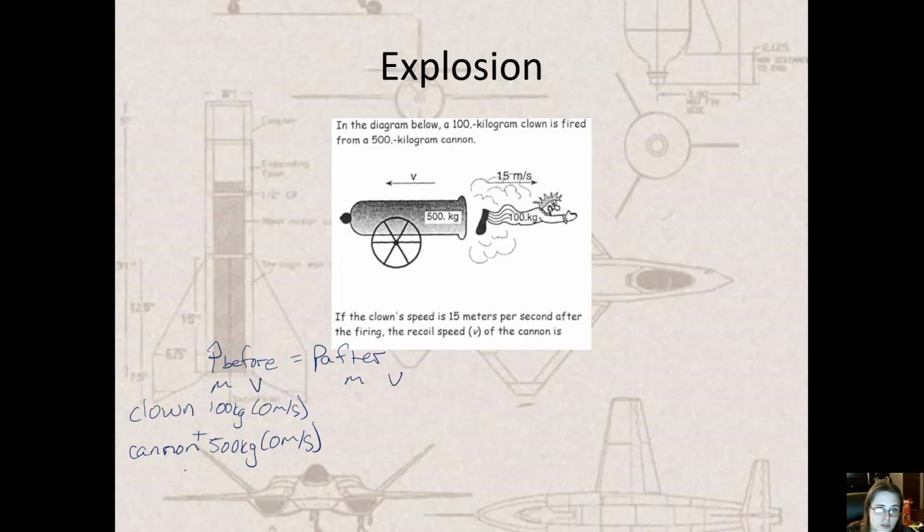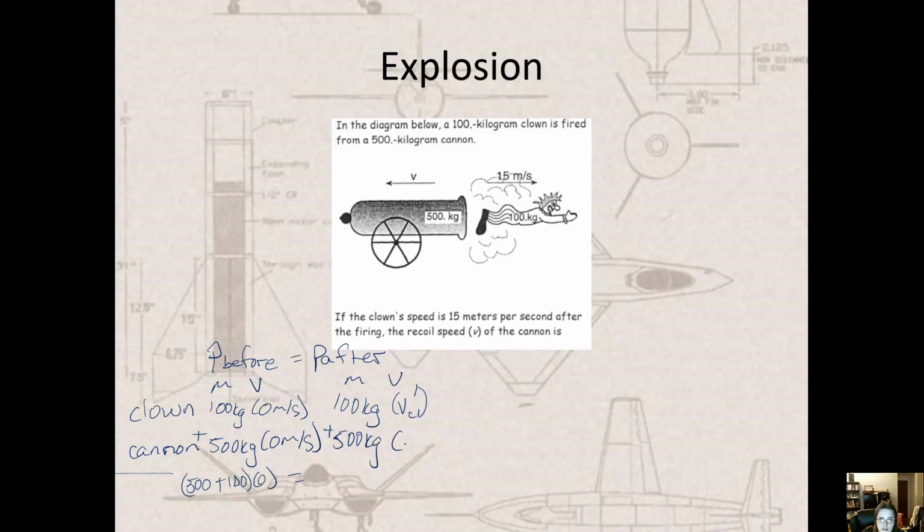So we can make that just 500 plus 100 times 0. And that's equal to the mass on the other side, which is 100 kilograms times V prime of the clown, plus 500 kilograms times V prime of the cannon. So we can look at it like that. So this is equal to this over here.